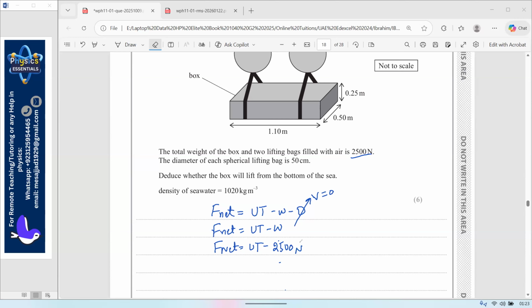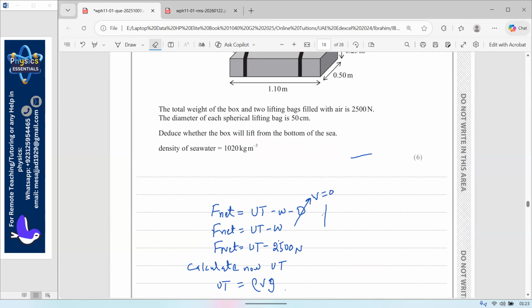For upthrust, you know that it is equal to rho V g. So just put the values.